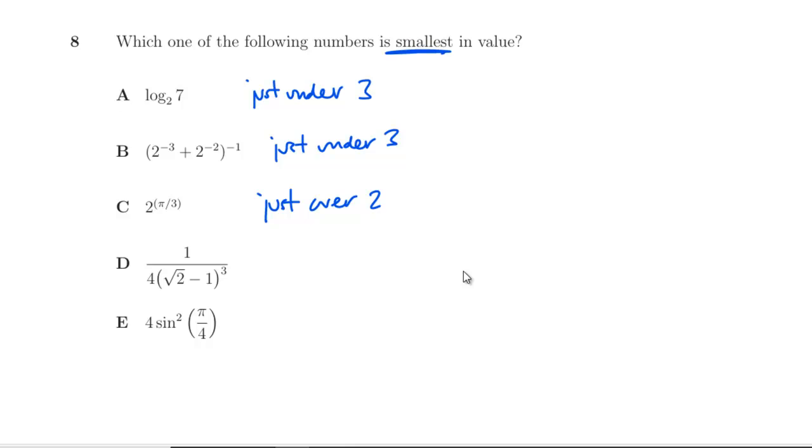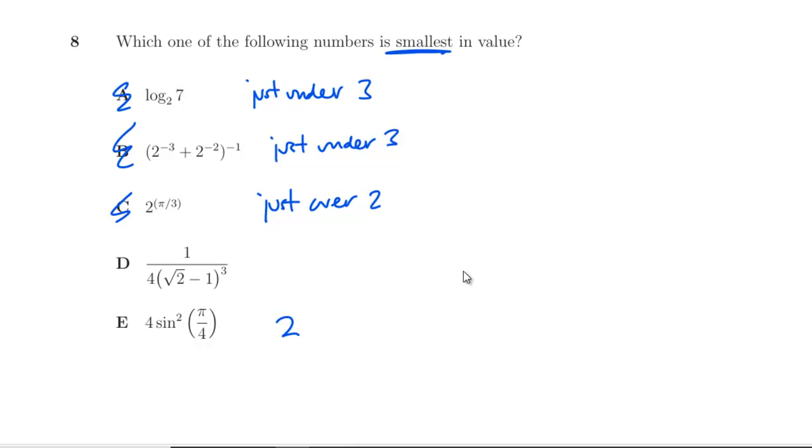Okay, this thing looks fairly unpleasant. And then for E, sine squared of pi over 4 is a half. So that is 2. Right, so that helps. So it's not that, it's not that, it's not that. So for D, I'm really going to have to go through looking at all of this.